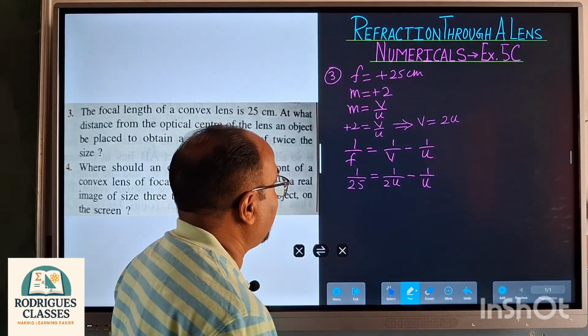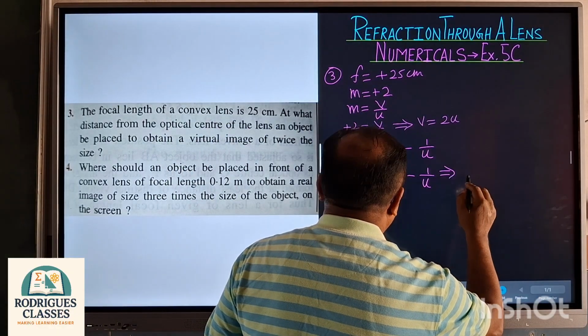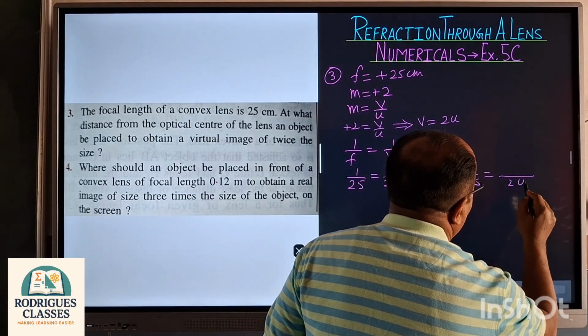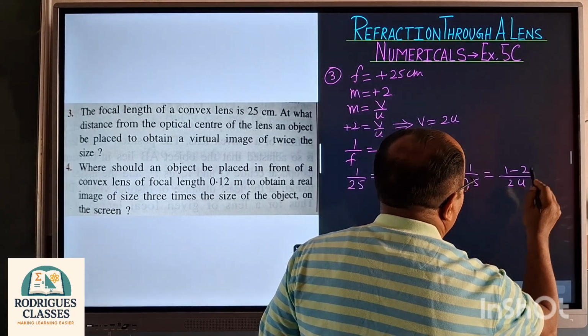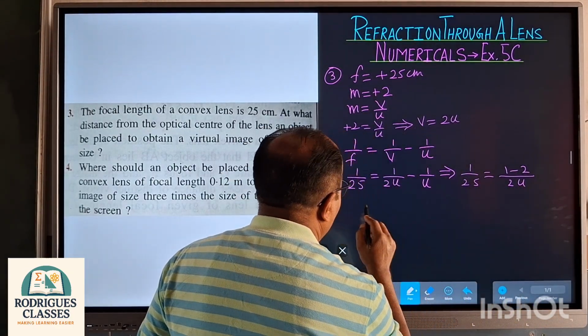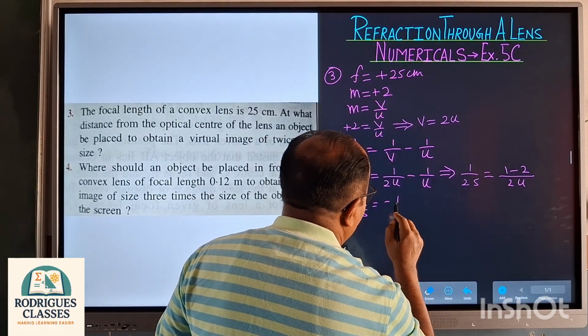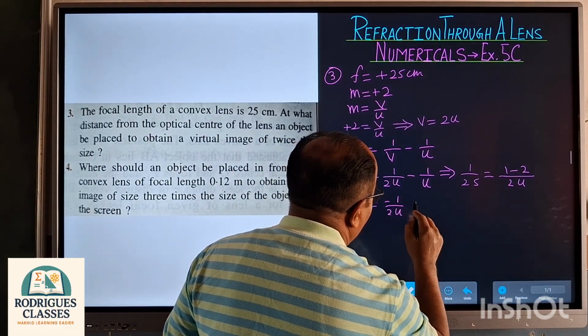Now simplify it. So I write here 1 by 25. The LCM will be 2U, so 1 minus 2 will come. So I get 1 by 25 equals minus 1 by 2U.